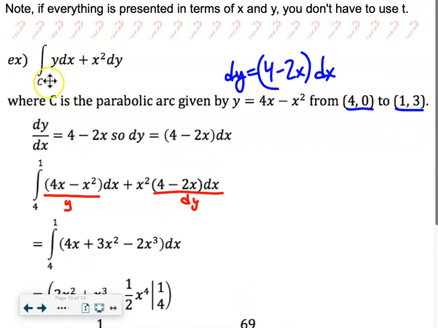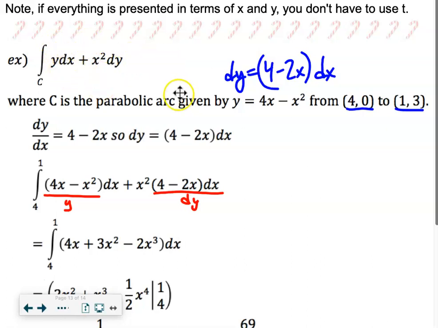So if you're given an F, a vector field that's written in this format, our old book always used M, N, and P for M dx, N dy, and P dz. Our new book uses P, Q, and R for the same thing. So P dx plus Q dy plus R dz, if I remember right.